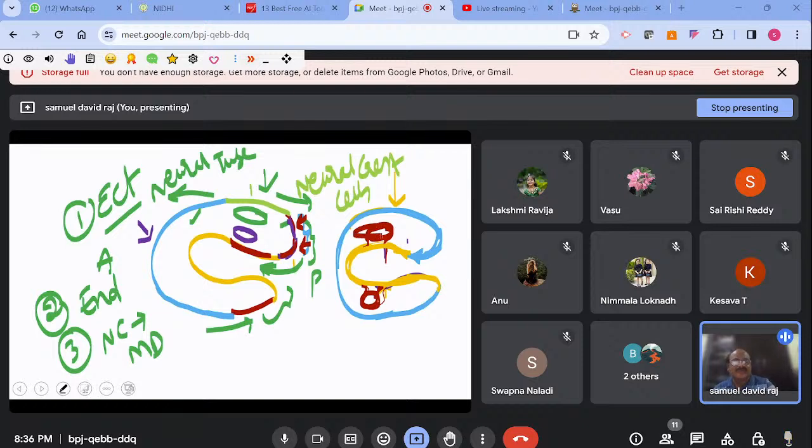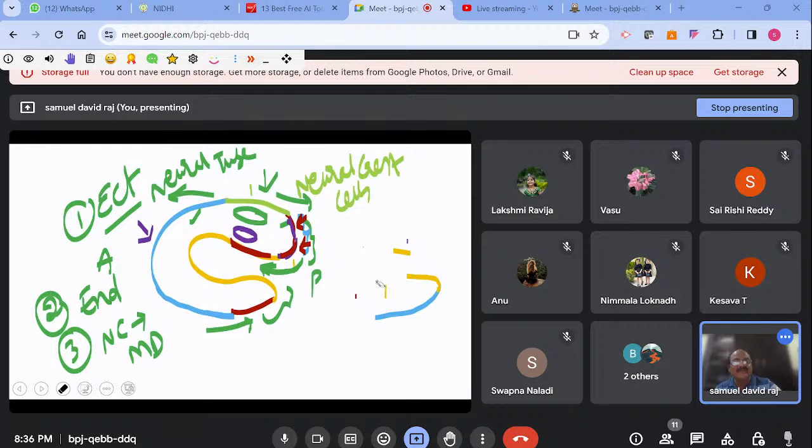which expand on both the sides. On meeting with each other, they form into two mesodermal layers. One mesodermal layer is present towards the ectoderm, that is called somatic mesoderm. The other mesodermal layer is present towards the endoderm, that is called splanchnic mesoderm.